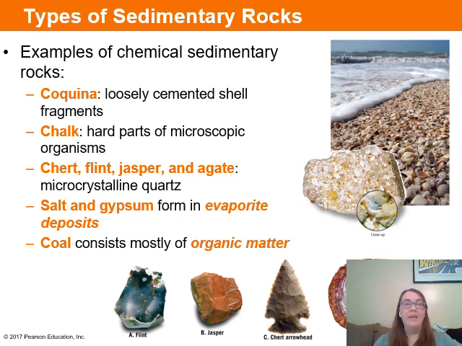Coal does not have any minerals inside of it because it's made up entirely of organic matter. This once living material from plants has formed over millions of years, and now we can actually burn this rock and use it to not only have electricity in our homes, but also ship things around the world.